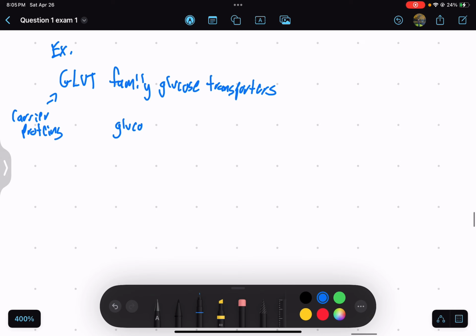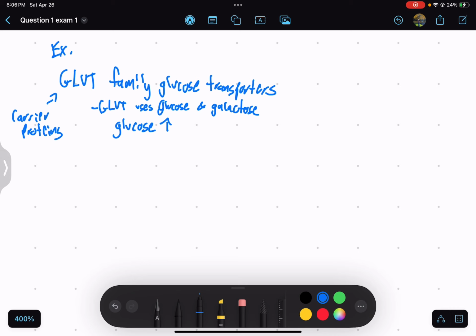If the glucose is high next to these GLUT transporters, let's say the GLUT transporter uses glucose and galactose.